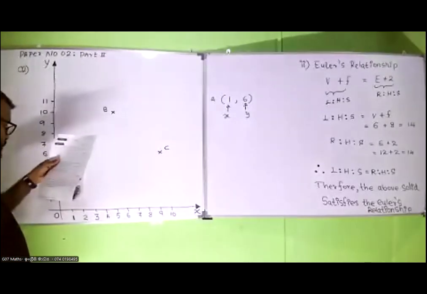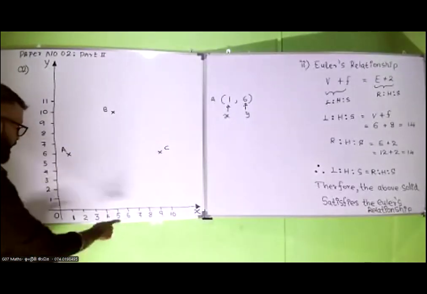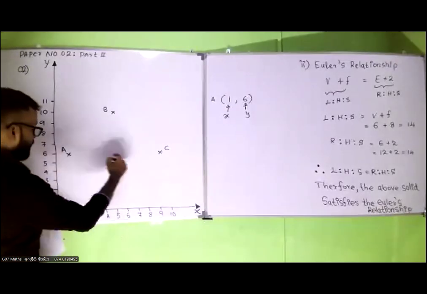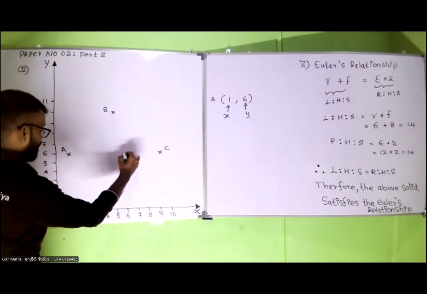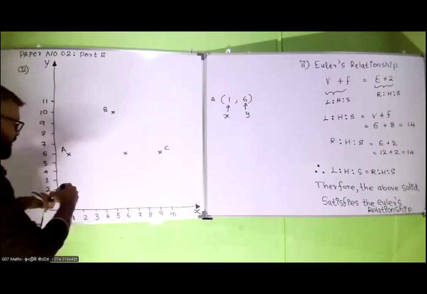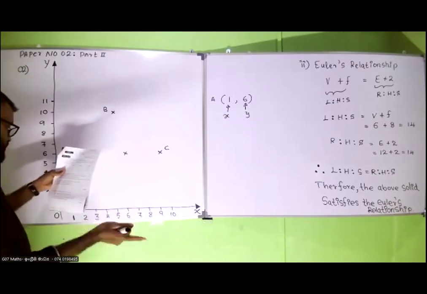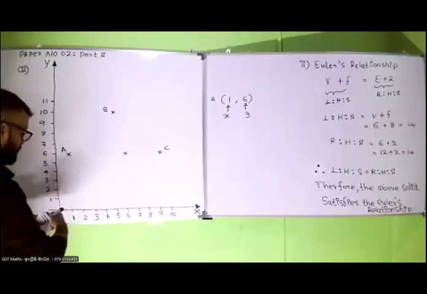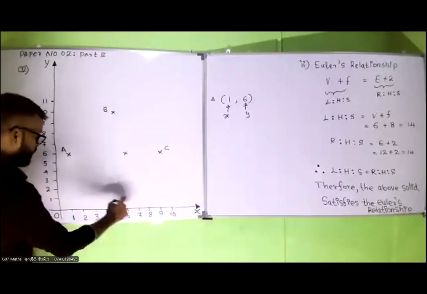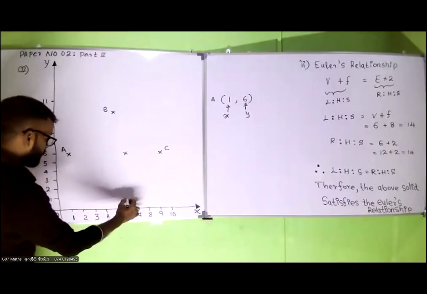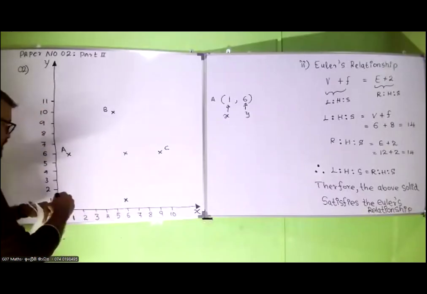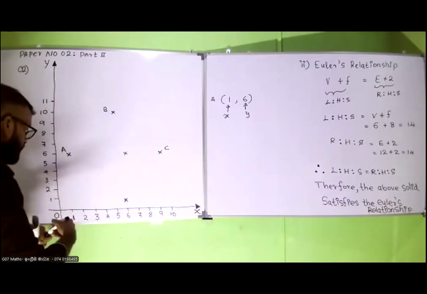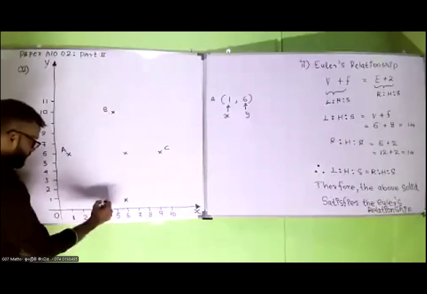Then I have D (6, 6). 6 is here and 6 is here. Then E (6, 1): 6 from the x-axis, 1 from the y-axis, somewhere around here. Super. Then (4, 1): 4 is here, 1 is here.